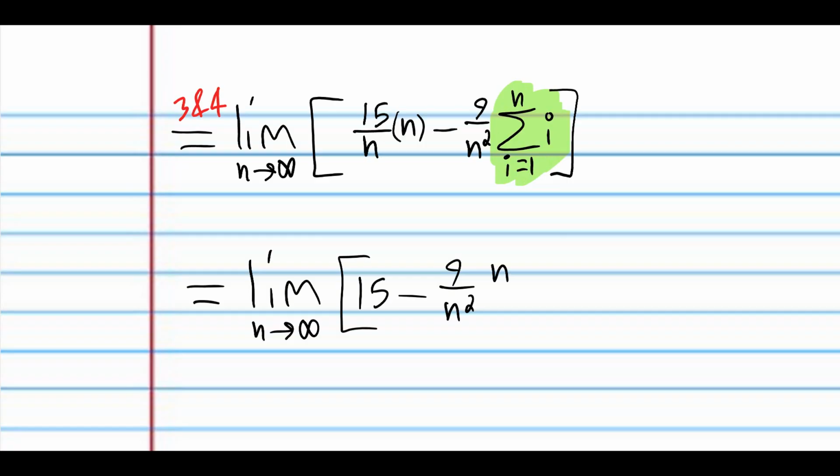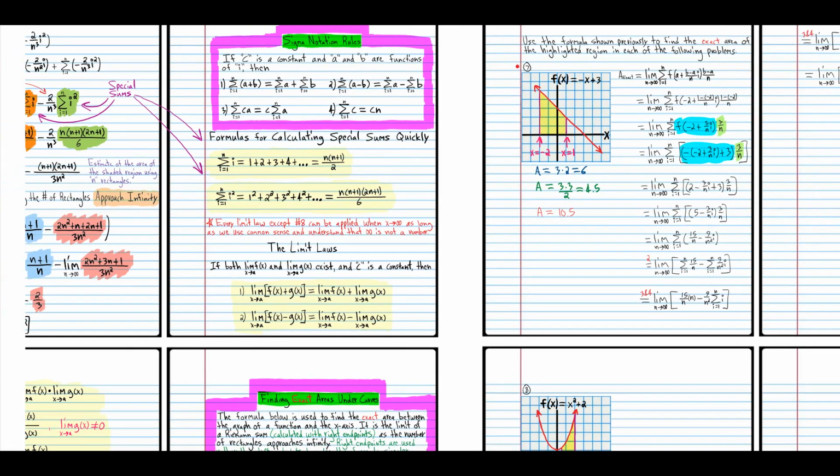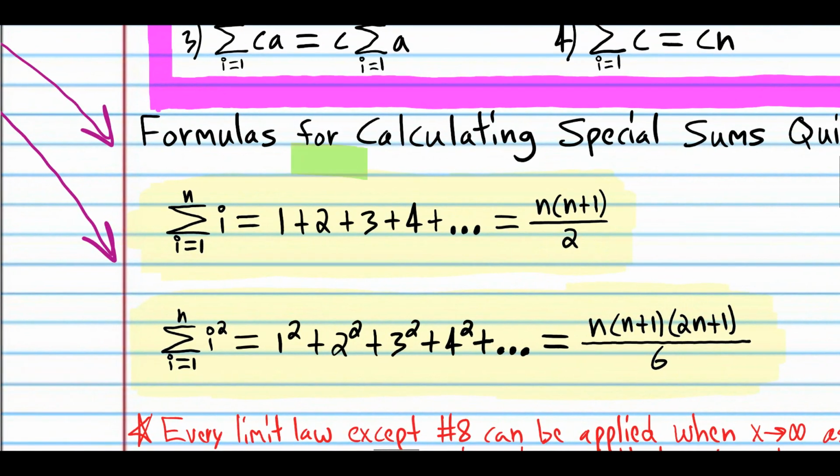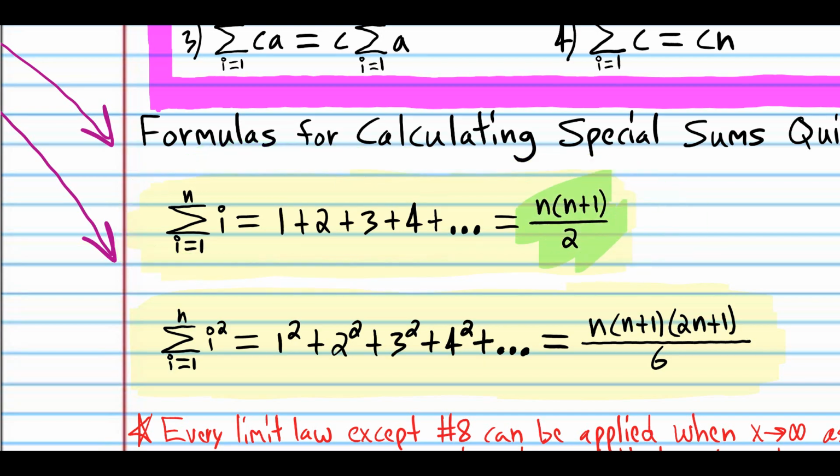That is n times n plus 1 over 2. Where did we get that? Well, remember, that came from here. That's that special sum that we had to memorize the formula for.